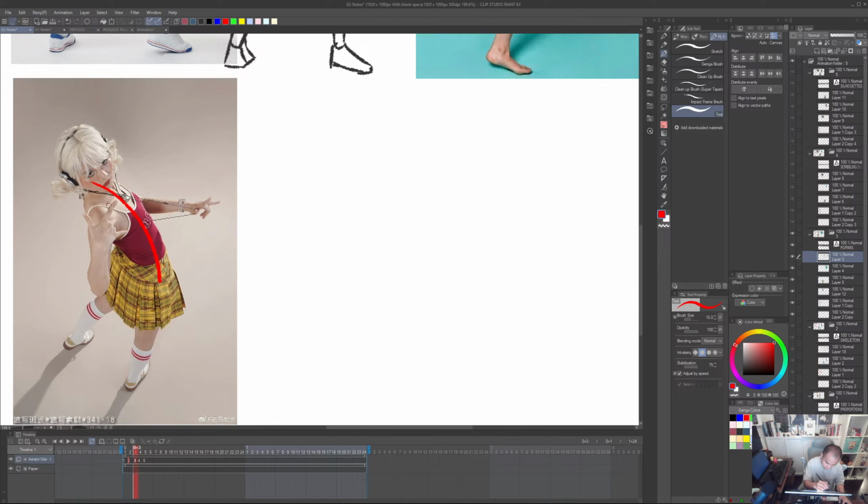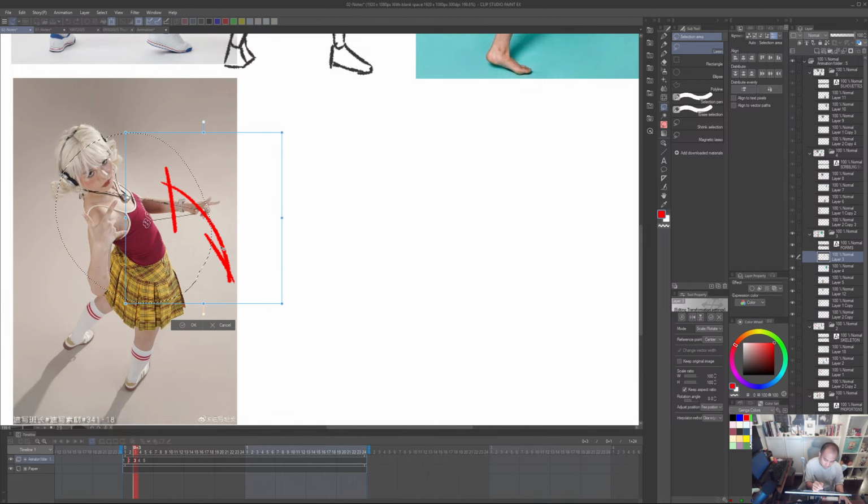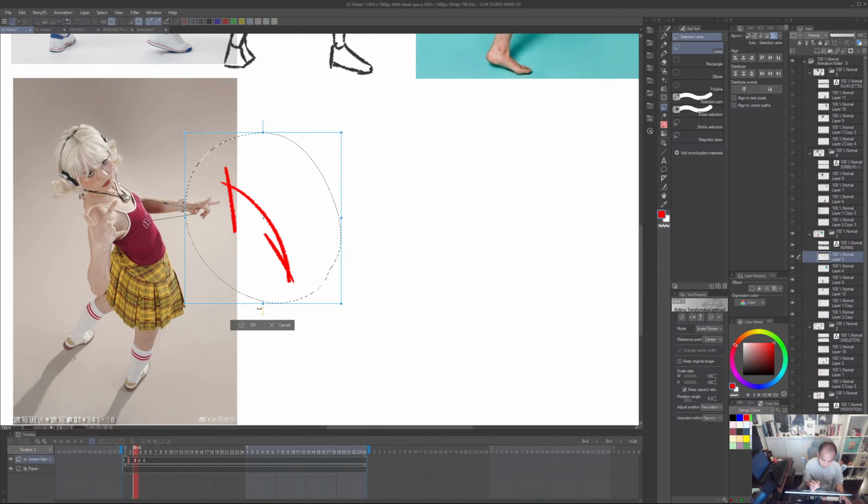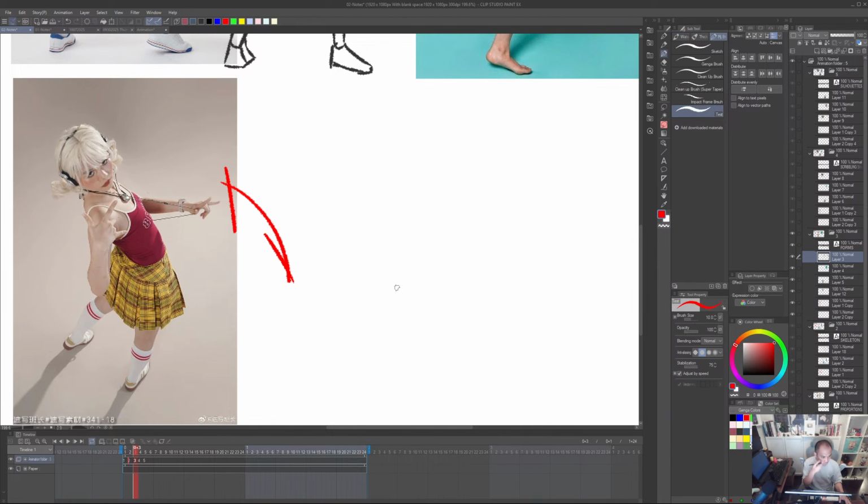This is the line of action. This is the shoulder line. This is the hip line, right? It's super dynamic, and this really helps us understand when we do dynamic poses like this, especially in perspective. We know that this area is below, and there's a lot of overlapping lines over here.